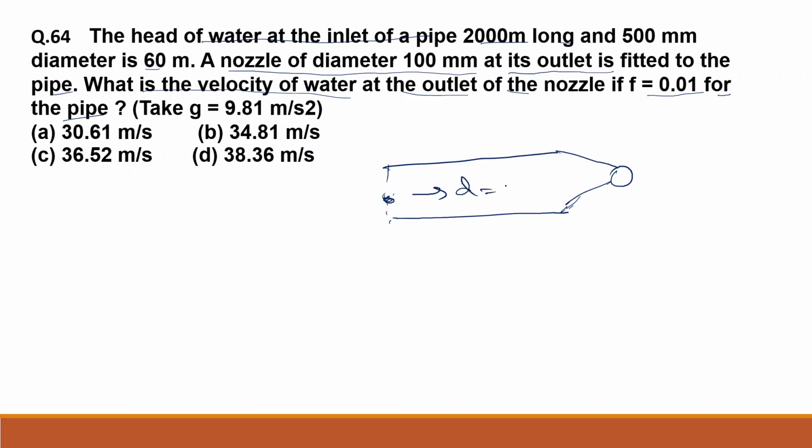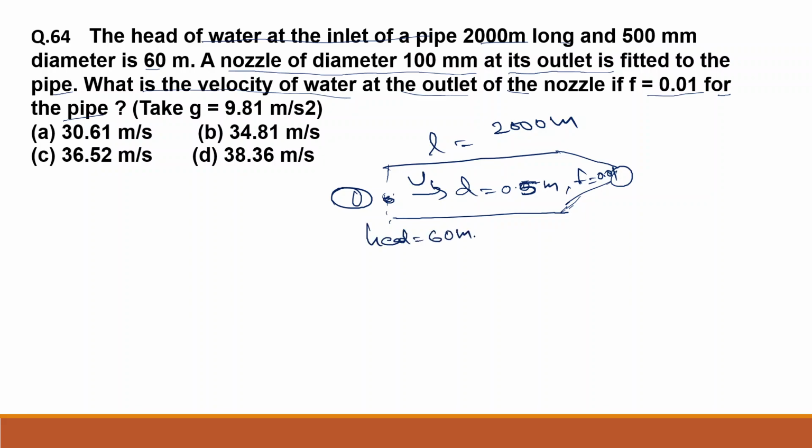Given D is equal to 0.5 meter, and F is also given 0.01, and L is given 2000 meter. This one is V1, this one is 0.1. Head is given 60 meter.